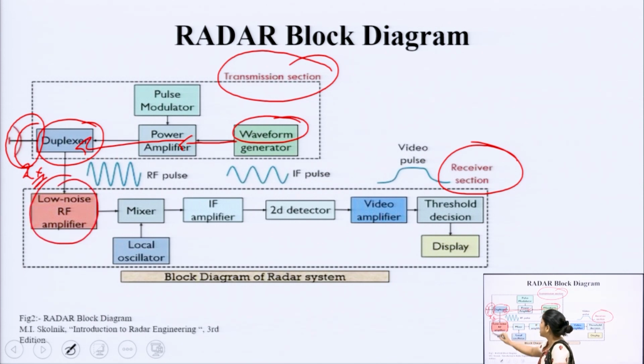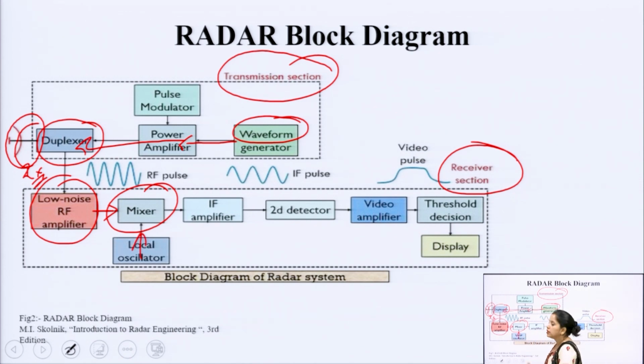So, what is going to be here? First the low noise RF amplifier, then the mixer. All of you are already aware of the principle of the mixer. This is called a low noise RF amplifier because the signal received after the reflection is of low power.